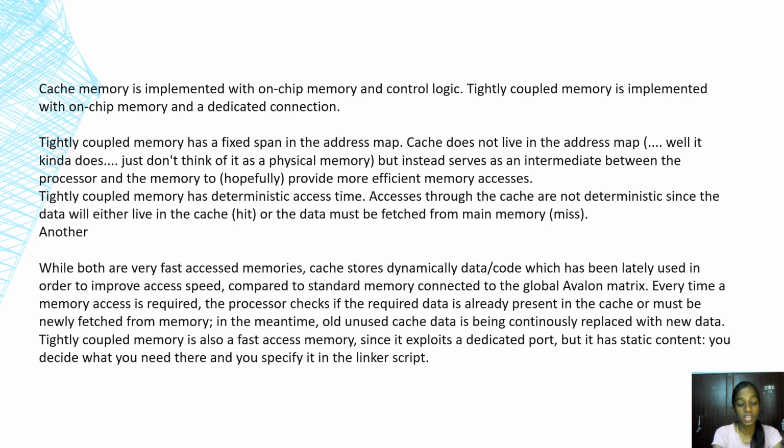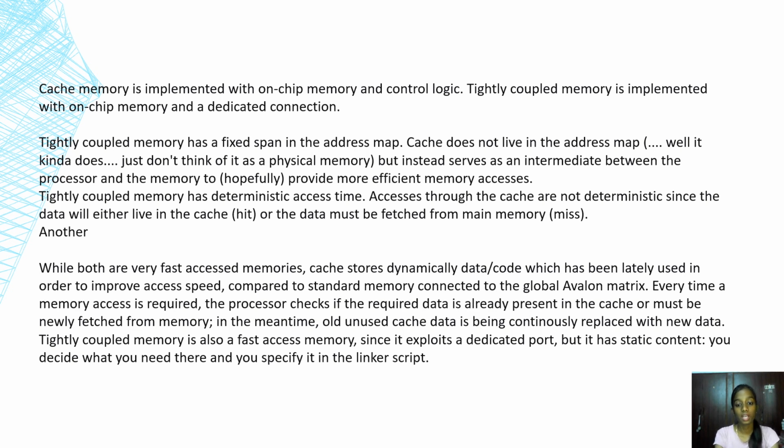While both are very fast access memories, cache dynamically stores data and code which have been lately used in order to improve the access speed. Compared to standard memory connected to the global interconnect matrix, every time a memory access is required, the processor checks whether the required data is already present in the cache or must be newly fetched from the memory.